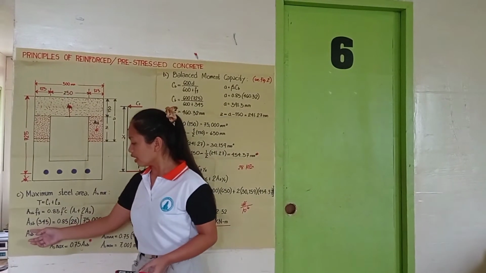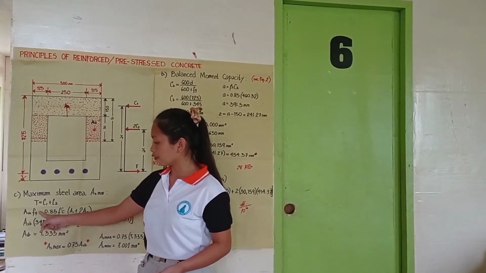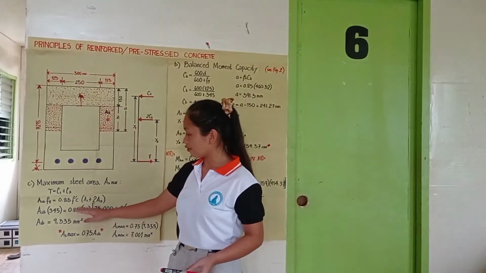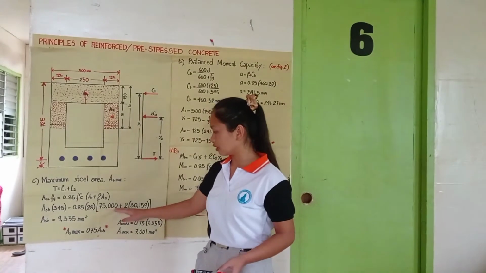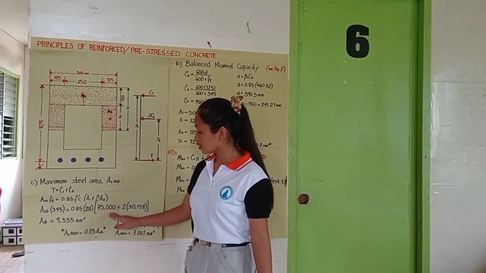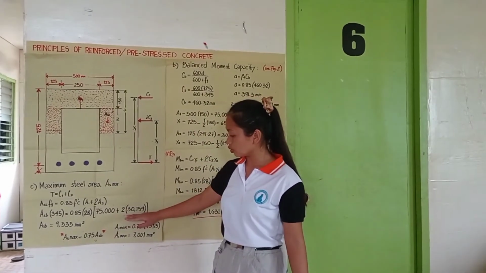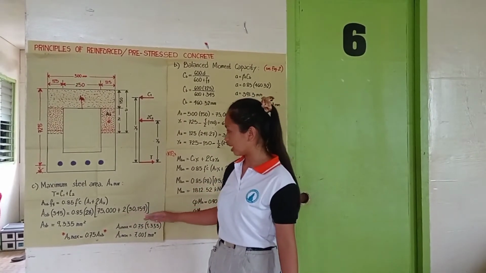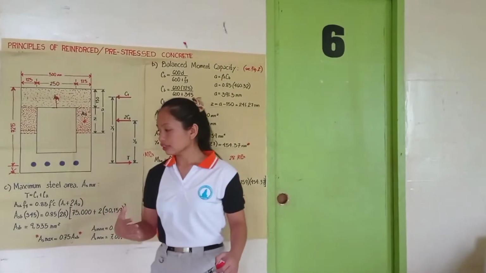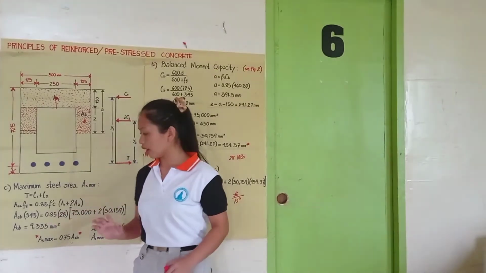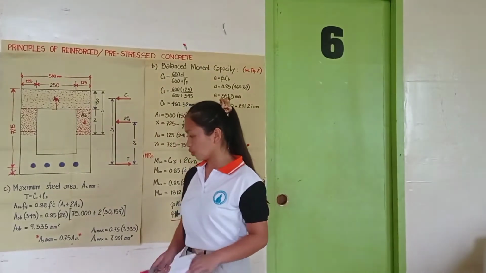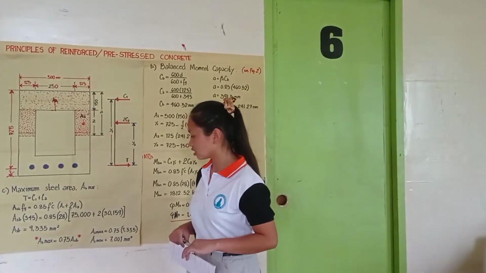So that is A times 345 for Fy is equal to 0.85 times the F prime of C, that is 28, or that is the compressive force, times the quantity of 75,000 plus 2 times the area 2, which is 30,159, as you can see here. So we will calculate and we have arrived at the answer 9,335 millimeter squared. So that is not the answer yet.